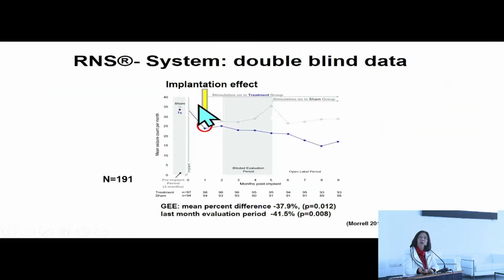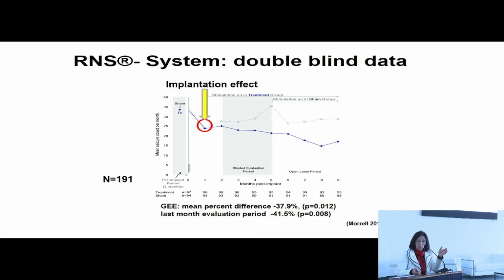This is the first randomized controlled trial that was done. And what we noticed there was really interesting. We put the device in all patients, and then we let them heal for 2 months, a time we chose somewhat randomly.